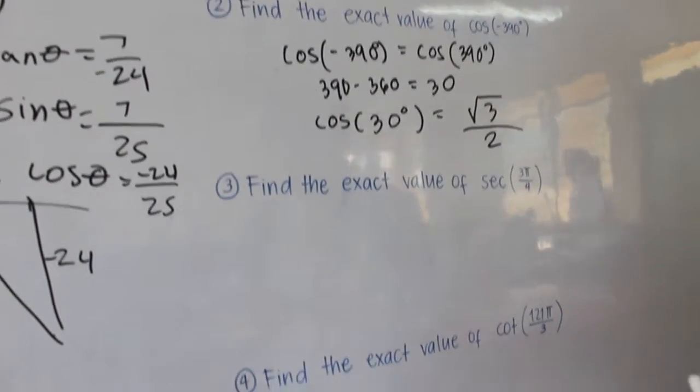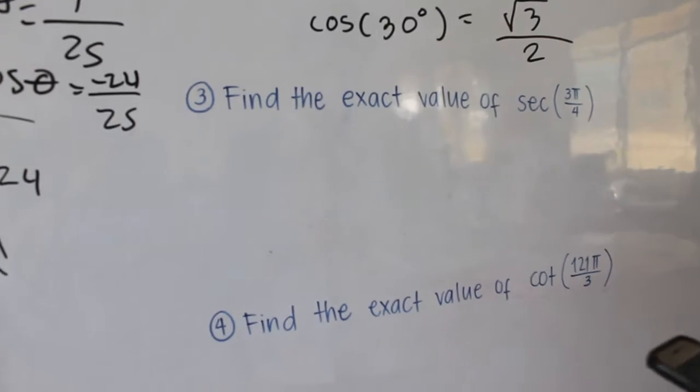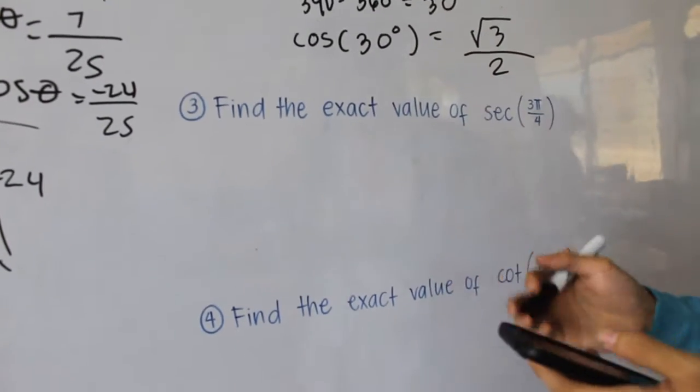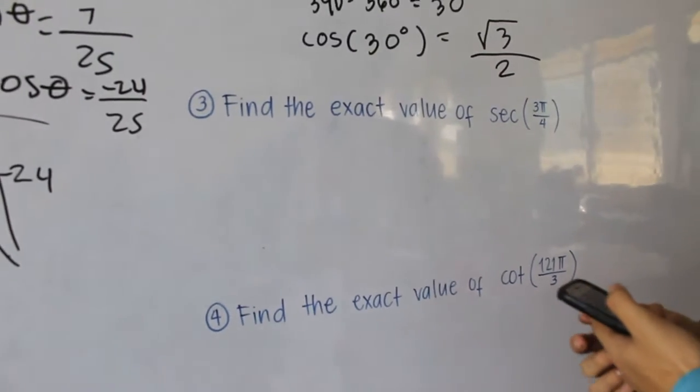Now for number 3, since 3 pi over 4 has its terminal side in quadrant 2, in quadrant 2 the secant is negative.